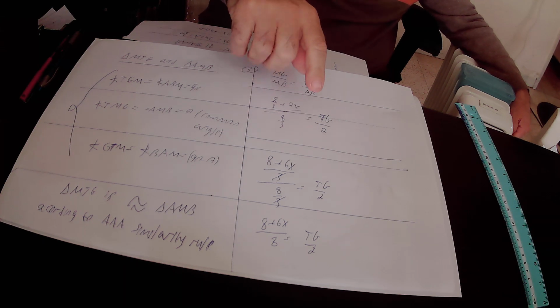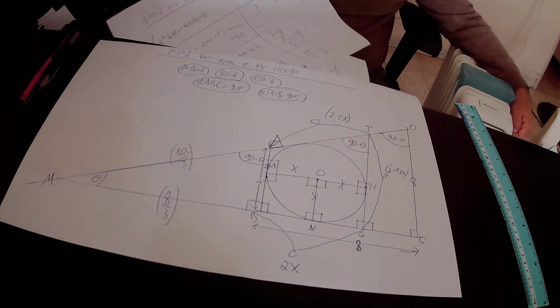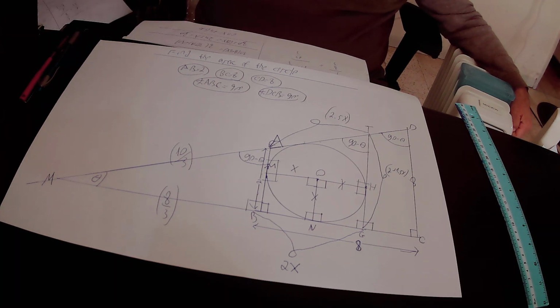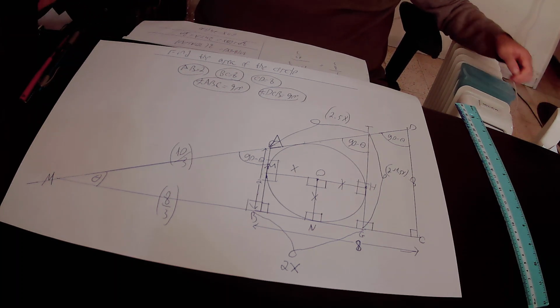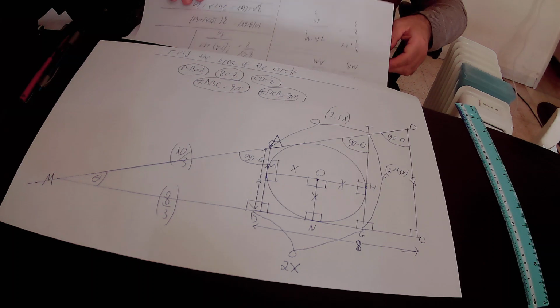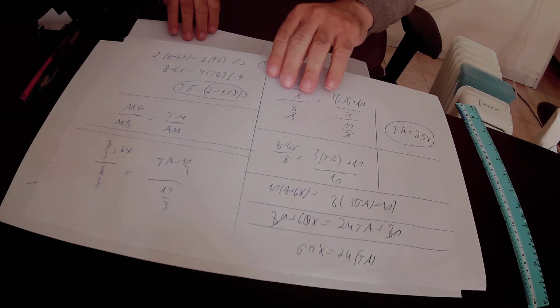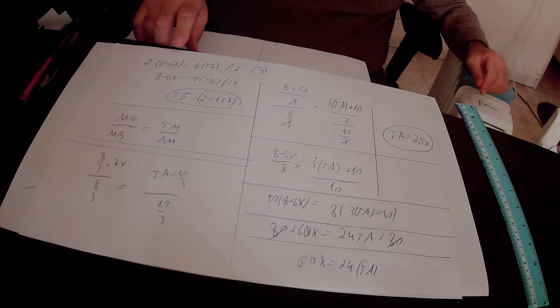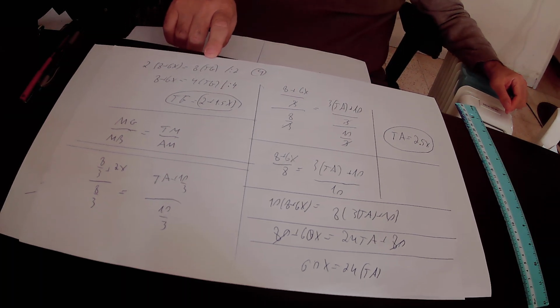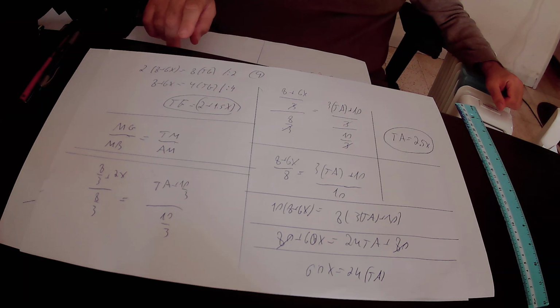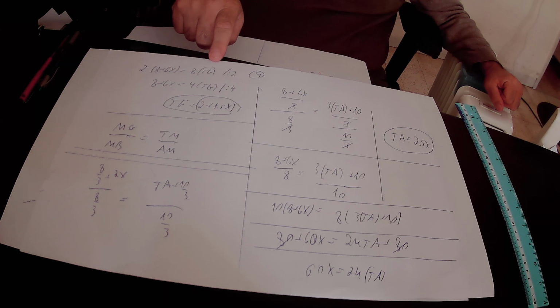Then we cross multiply this equation and found out that 2 times (8 plus 6x) equals 8 TG. We divided this equation by 2 and found out that 8 plus 6x equals 8 over 2, which is 4, so in total this expression equals 4 TG.